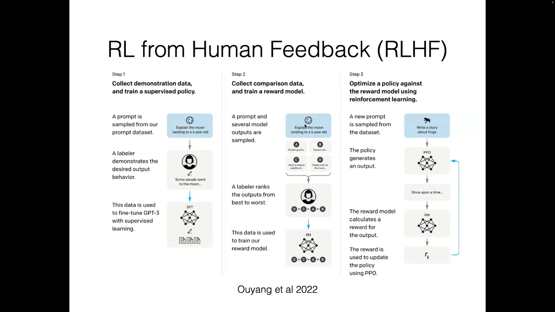Then after doing the supervised fine-tuning, they have some initial language model, and you could have the model generate multiple outputs. Then they have a labeler rank them from best to worst and train their reward model. And then they take some prompt, and here's where they're running PPO with the reward model as the reward.